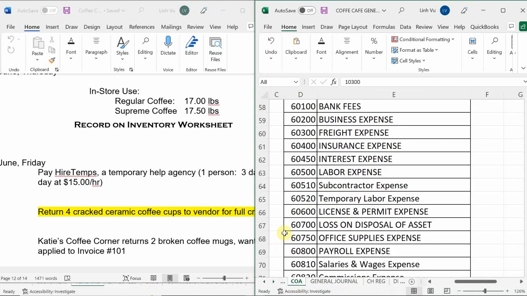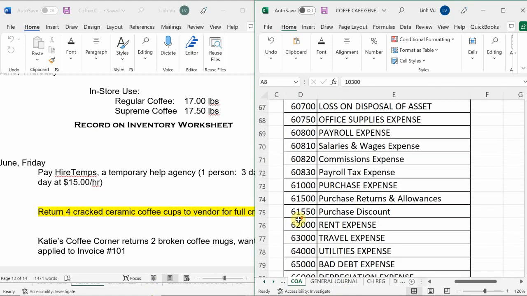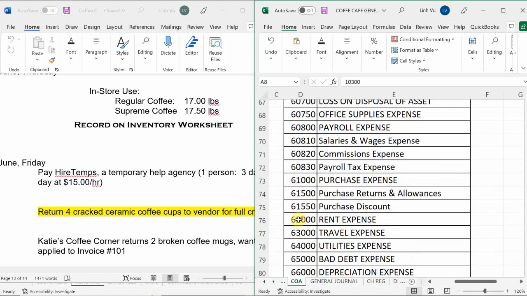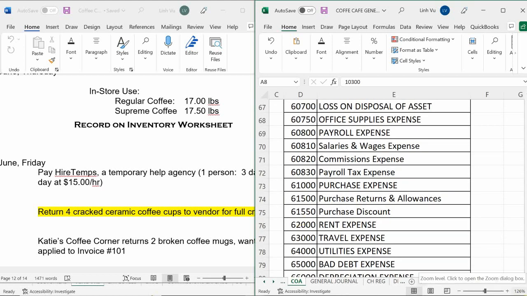Let's take a look. Purchase returns and allowances. What kind? Oh, it would be under purchase expense. The purchase returns and allowances is what we will put that to. Excellent.